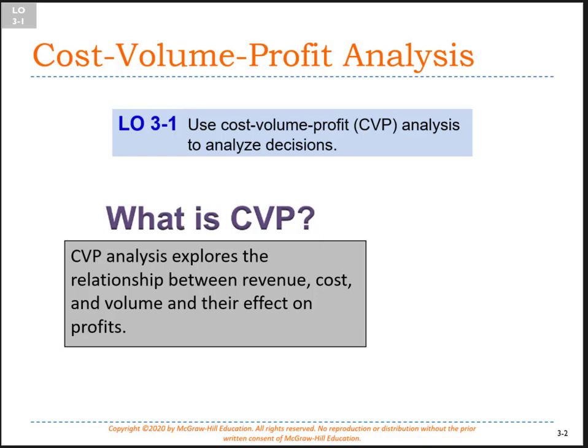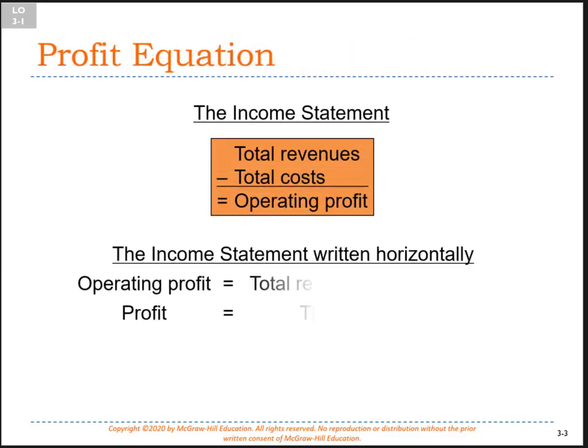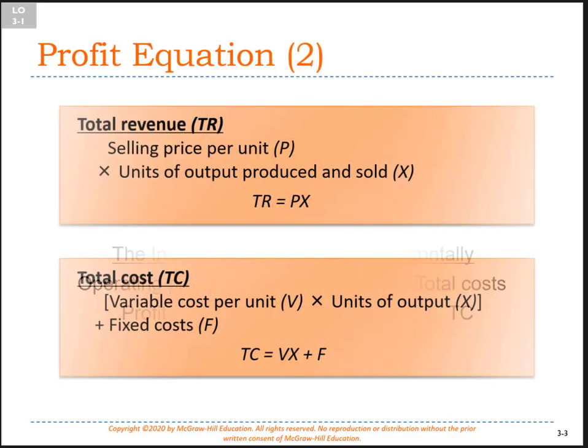What's going to happen to the amount of income we make. So, total revenues minus total costs equals operating profit, right? That's nothing new. If you want to go horizontally, vertically, doesn't matter, same formula.